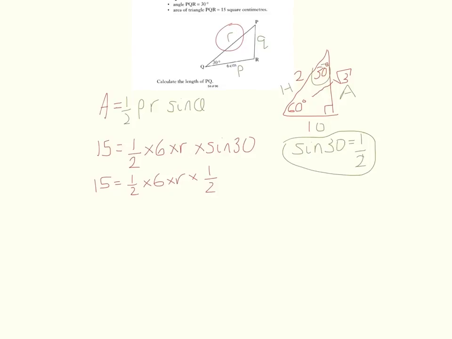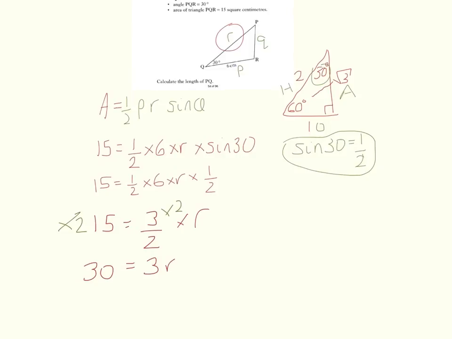And so, 15 equals a half times 6 is 3, times a half, that is 3 over 2, times r. I can multiply both sides by 2, which is going to give me 30 equals 3r.